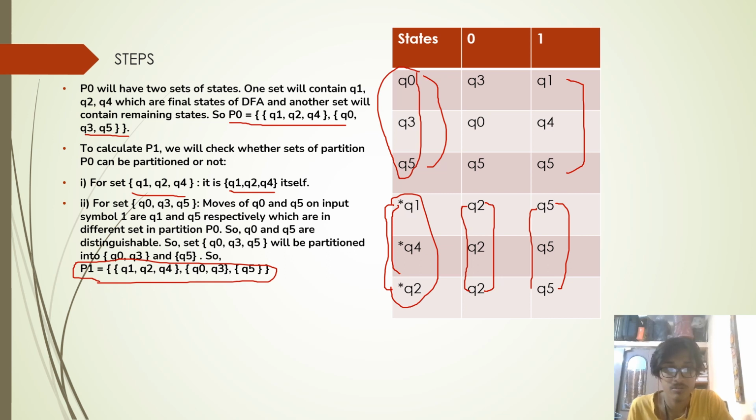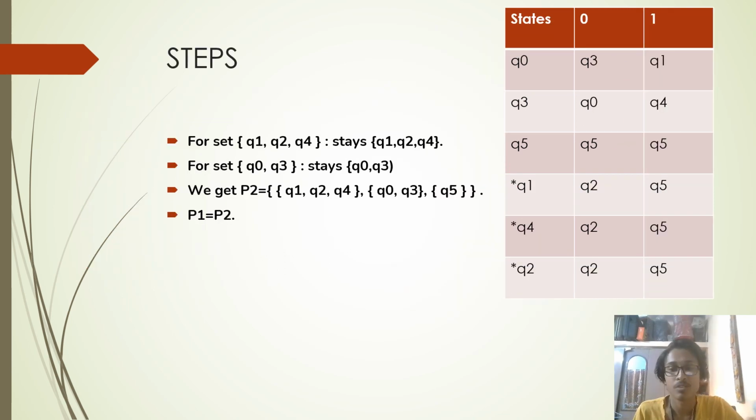Next, for P2, from earlier we have seen that the set Q1, Q2 and Q4 stays as it is, because on 0 they go to the same set, and even for symbol 1 it's Q5. Now for the set Q0, Q3, it's the same.